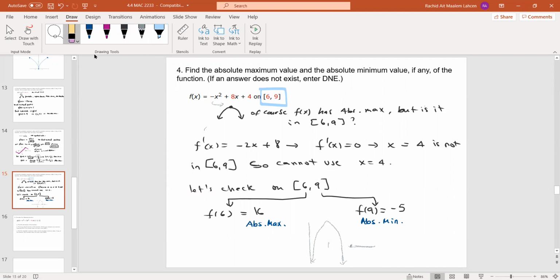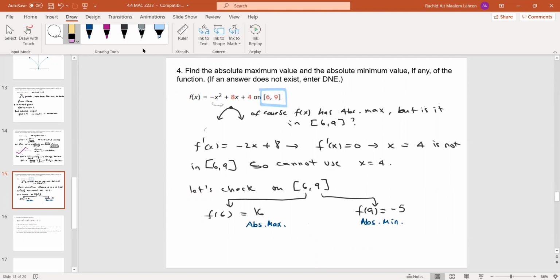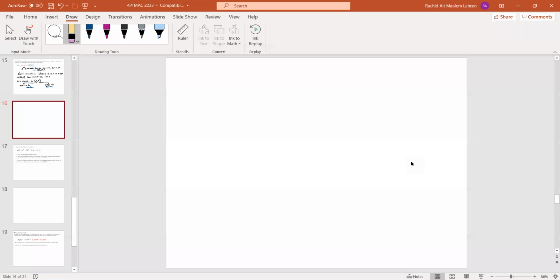Maybe we need a bigger space. So let's do it here. I'm not going to draw it to scale, just to explain what's happening.